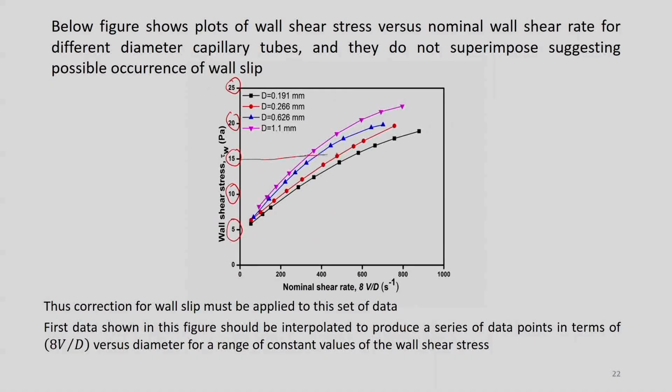What is the corresponding value of 8V by d for each of these curves? Each of these curves indicates some size of the pipe. So, let us say the black one is 0.191, this one is 0.266, this one is 0.626, and this one is 1.1 mm.